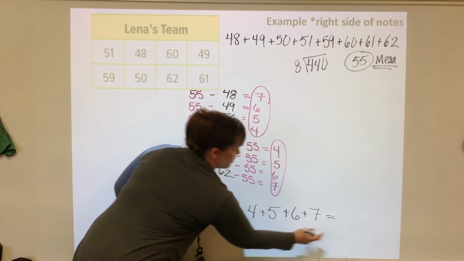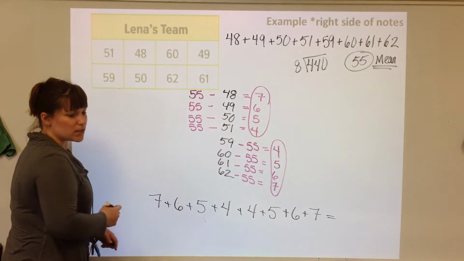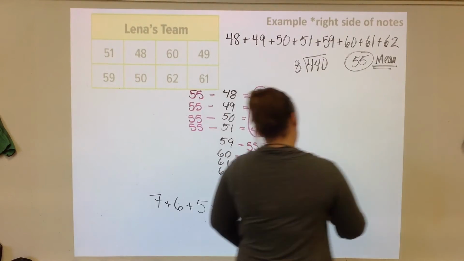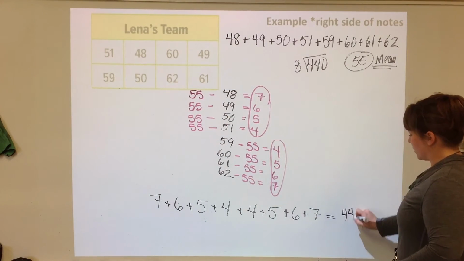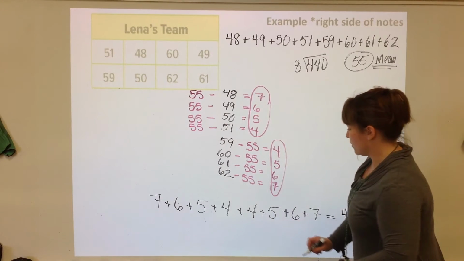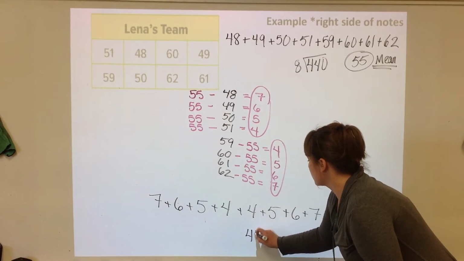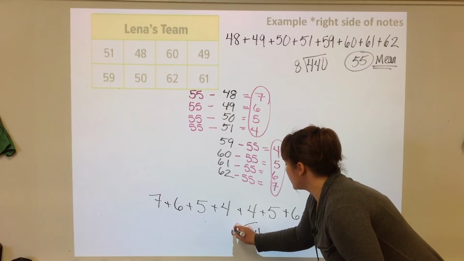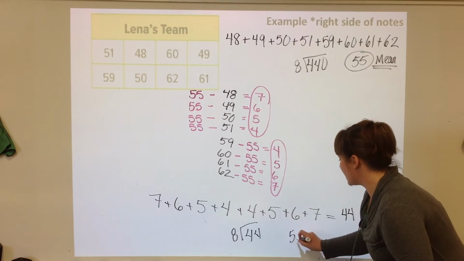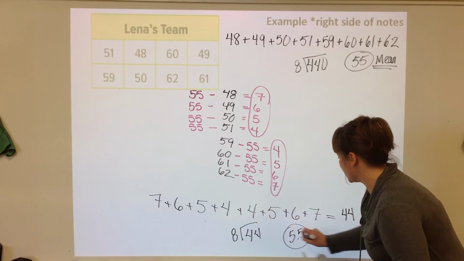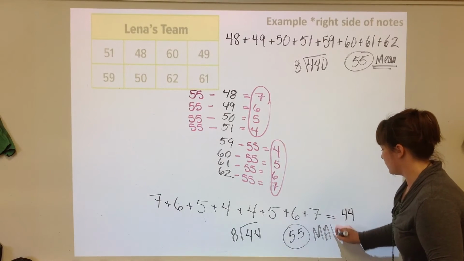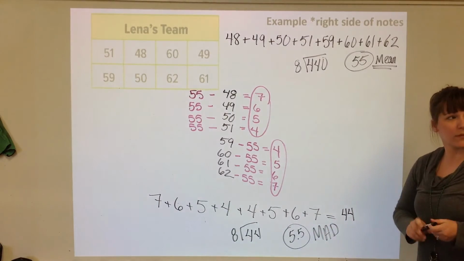When you add all of these up, it does equal 44. Doesn't work out as nicely. So 44 divided by 8 is going to equal 5.5 for Lena's MAD, mean absolute deviation.